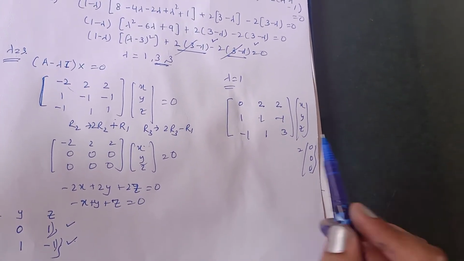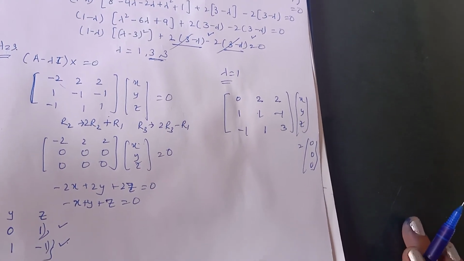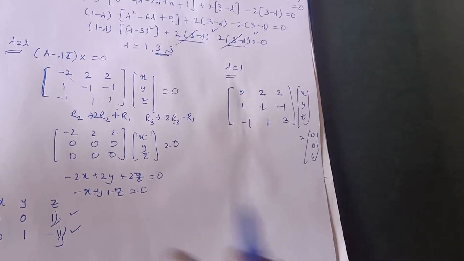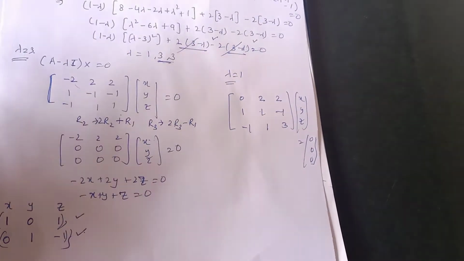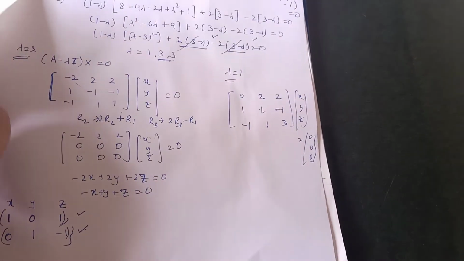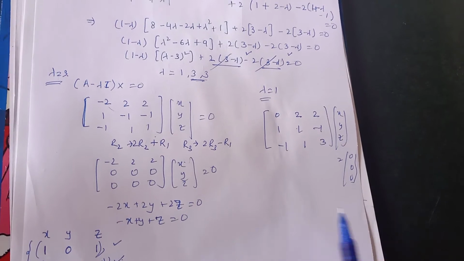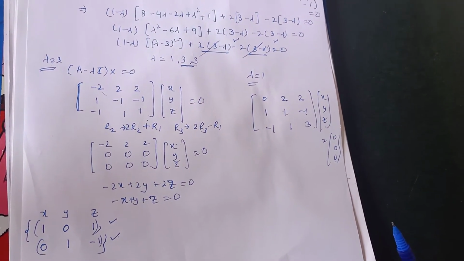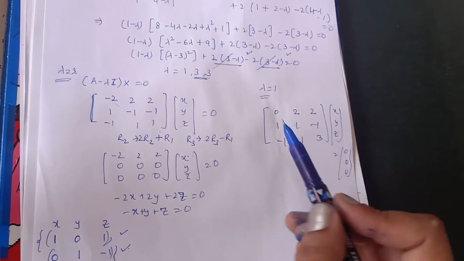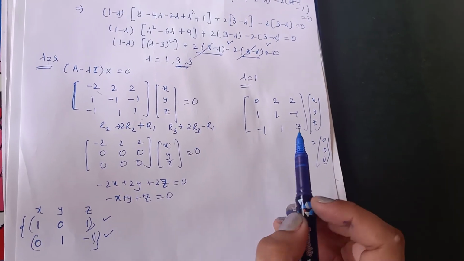You can proceed anyway. You can directly convert them into equations to find the values of x, y and z, or you can interchange two rows to obtain first entry as non-zero and then convert it into upper triangular matrix. So I will be doing like this only.